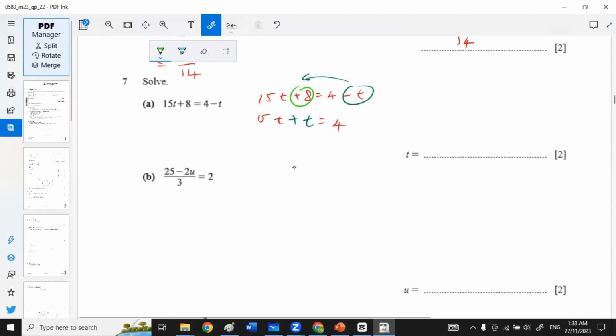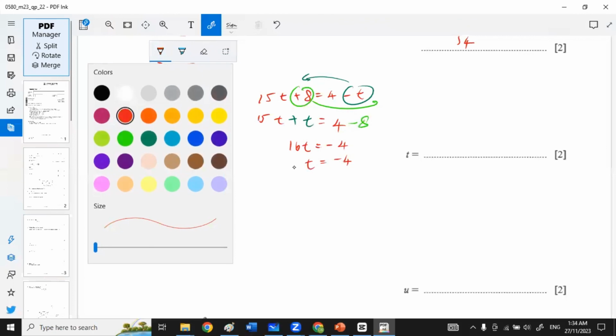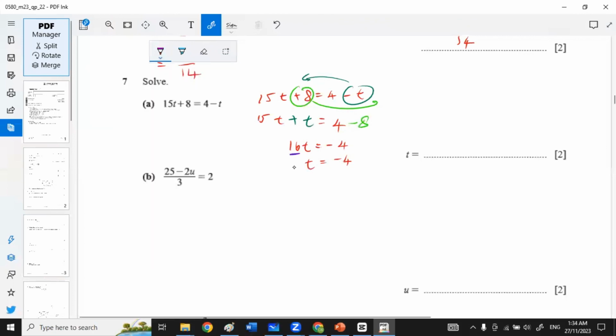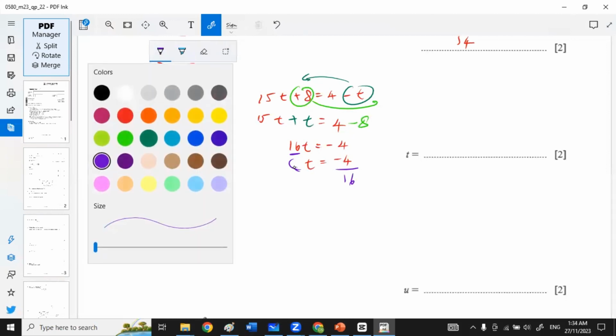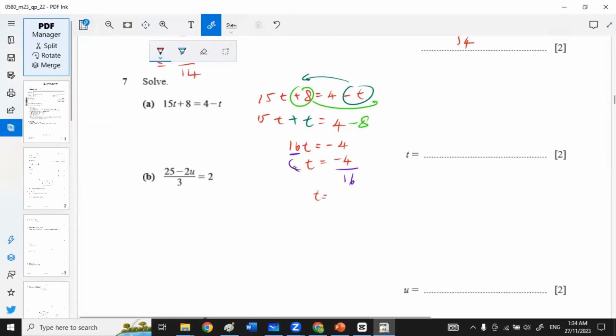The 8 is plus, then bring to the other side, become minus 8. So 15t plus t, that will give 16t. 4 minus 8 is minus 4. So your 16t equal to negative 4. 16 is times. You bring to the other side, become divide 16. Therefore, your t is equal to minus 1/4.